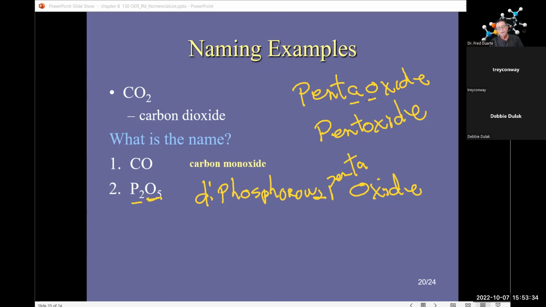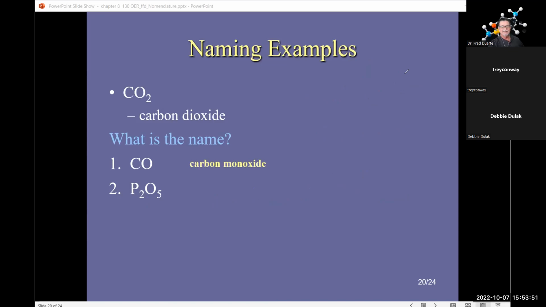If you forget to do that, I'm not going to mark you off because you forgot to drop the A. So if you write pentoxide, that's fine. Pentaoxide, that's fine. Okay. My English teacher will turn in her grave right now, but okay. All right. So we got diphosphorus pentoxide.